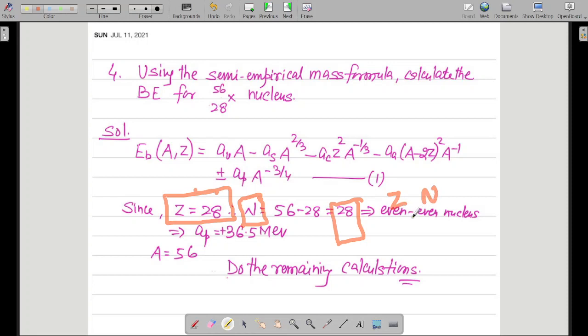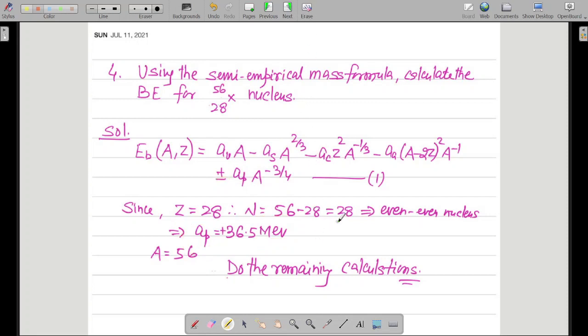So it is an even-even nucleus, and you have already learned that in an even-even nucleus AP is plus 36.5 mega electron volt. So we will ignore the minus sign and take the plus 36.5 mega electron volt value in this case, because it is an even-even nucleus.